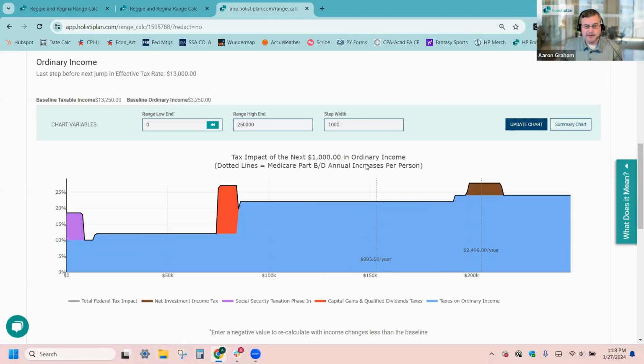So this is a joint return. Their income is figured on a joint basis. So this would mean that both Reggie and Regina would incur Medicare Part B and D surcharges of approximately $994 a year. Something to keep in mind, again, Reggie and Regina, they're 65 and 67. This is relevant to them.